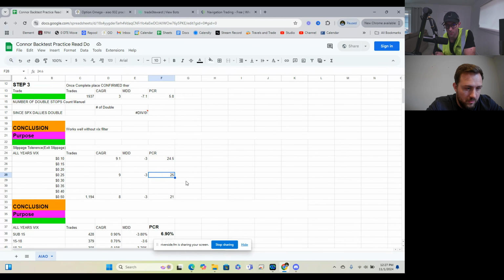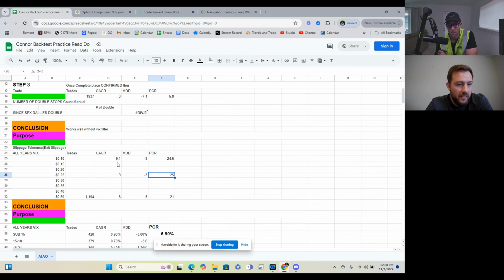The other thing that is good about this: at 10 cents exit slippage, 25 cents exit slippage, and 50 cents exit slippage, we still have quite a bit of edge in terms of premium capture. Remember, our profit is implied volatility minus realized volatility minus commission, slippage, and fees. What was the takeaway you got from this, and what do you think the purpose of testing it like this was? Perfect.